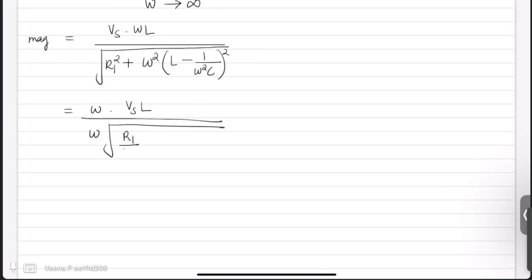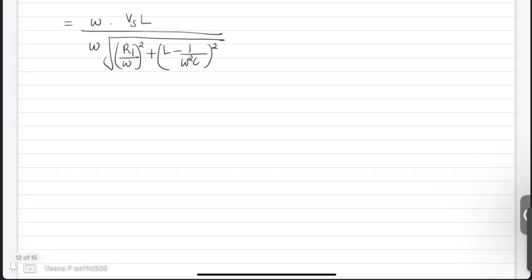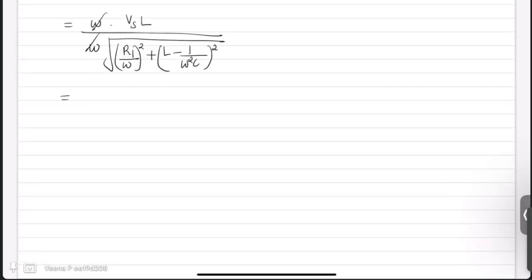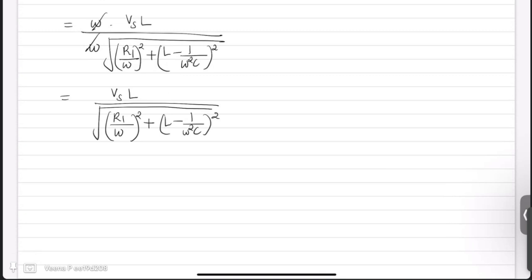So this becomes (R1 by omega) the whole square plus (L minus 1 by omega square C) the whole square. So I can cancel out omega, so this becomes VsL divided by the square root of (R1 by omega) the whole square plus (L minus 1 by omega square C) the whole square. So this is your magnitude.